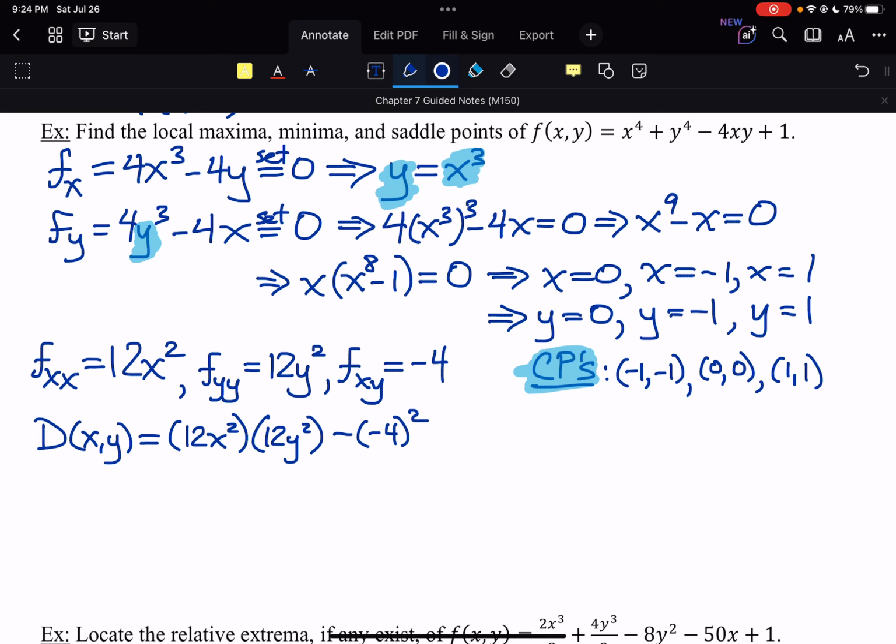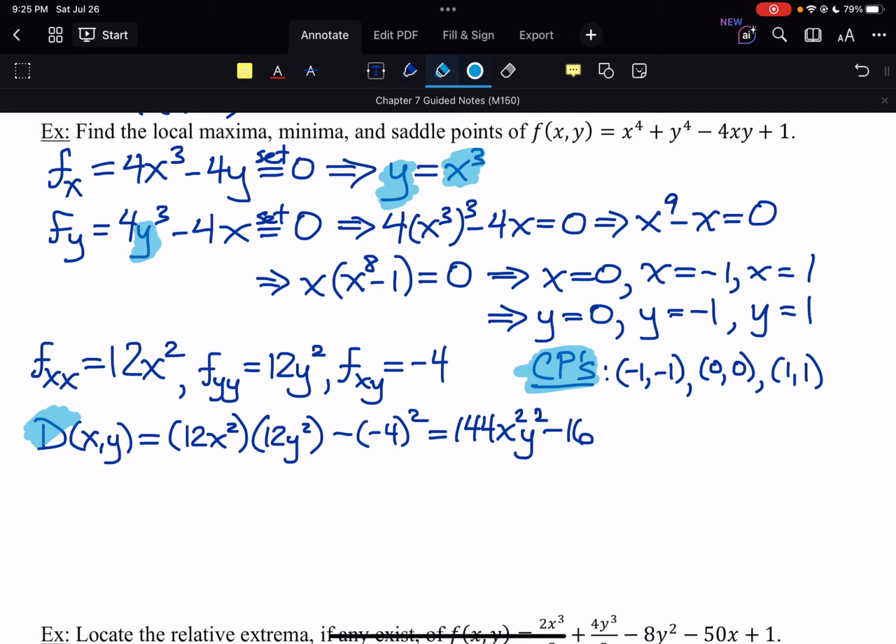Be very careful with negatives in these expressions. This negative is not applied to this 2. So no matter what there is in here, this will always be a negative. And let's see, this gives us 144 x squared y squared minus 16.